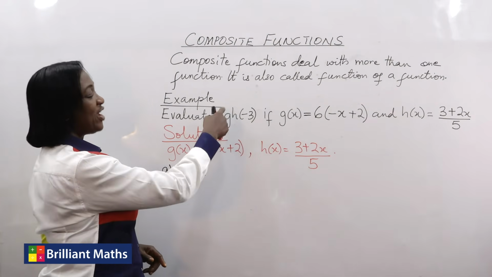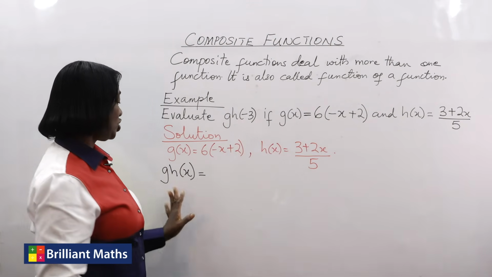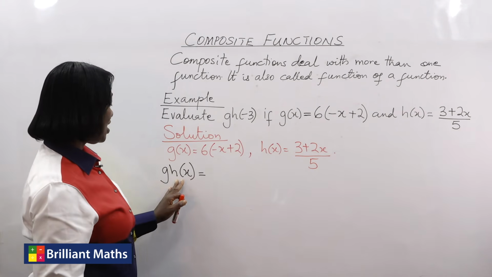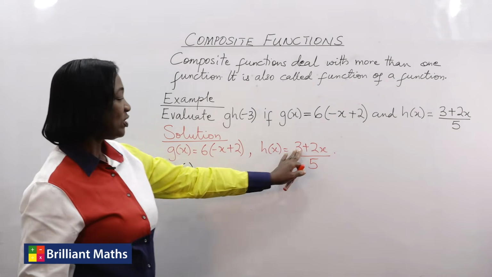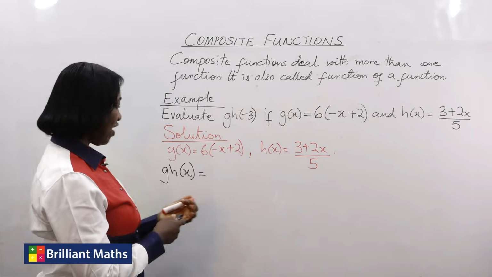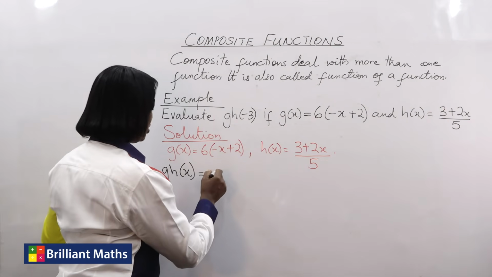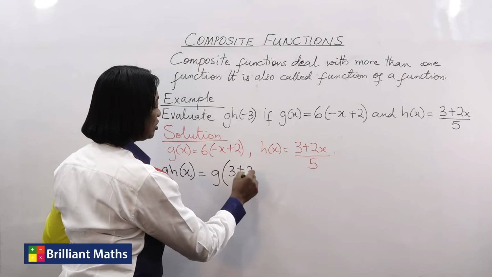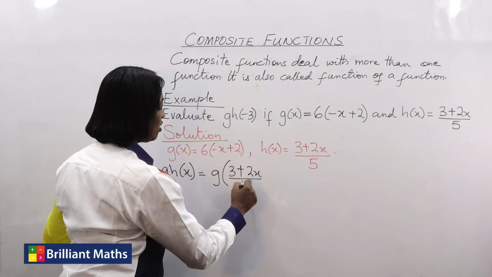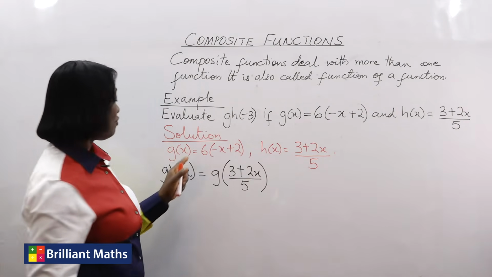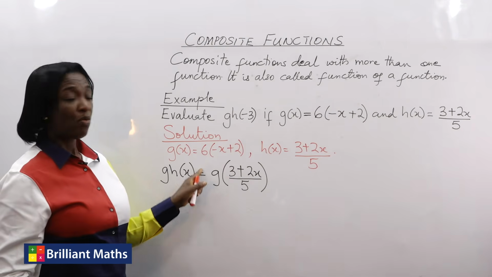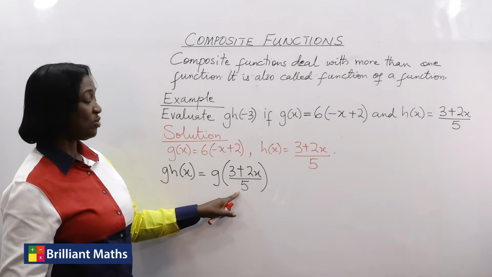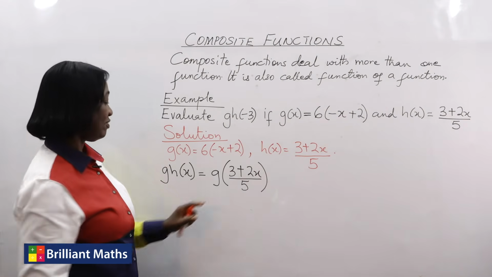So first we'll find gh of x. So gh of x, what is our h of x? We replace this h of x with 3 plus 2x over 5. So we have g into 3 plus 2x over 5. So in the function g now, wherever we find x, we'll replace it with 3 plus 2x over 5.